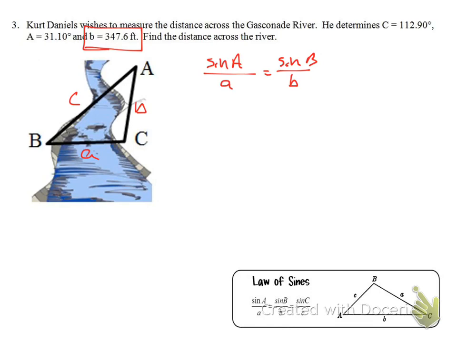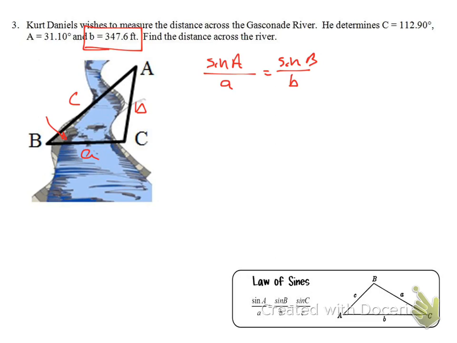And that's what I want. I can't find the lengths of these sides unless I have angle measures to go with it, okay? We've got angle A and we've got angle C. We want to find the distance A. So I have to use sine of A over A. And then since I've been given the length of side B, then I want to use angle B. Now we don't know what angle B is, but I can find that pretty easily. That's just adding the angles up and subtracting from 180, right?